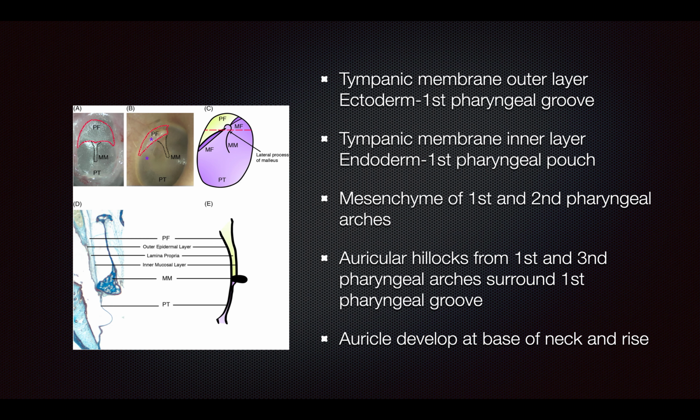And the auricle will develop from the base of the neck and it will rise. So with a lot of genetic disorders, one of the signs is that the child will be born with very low hanging ears, like the ears are at the neck, really.